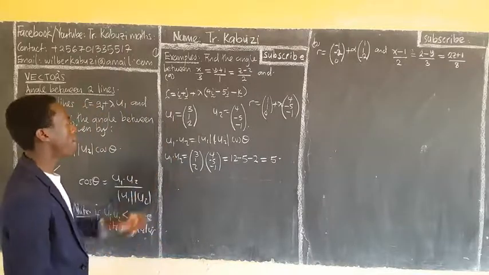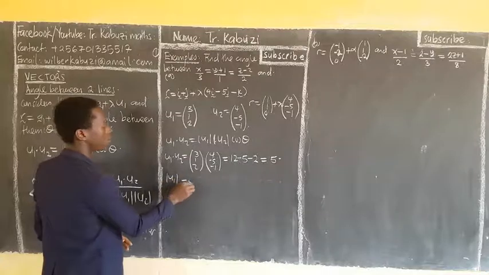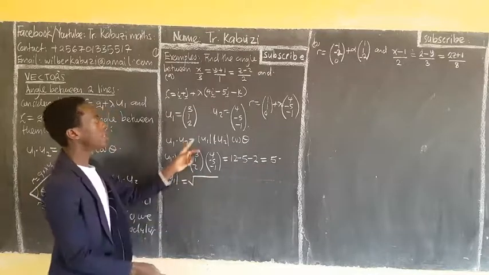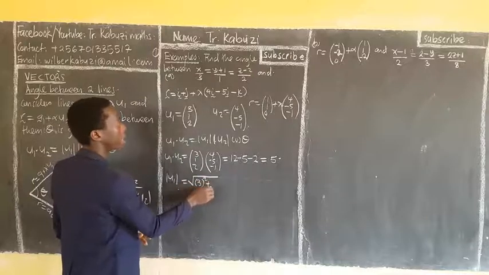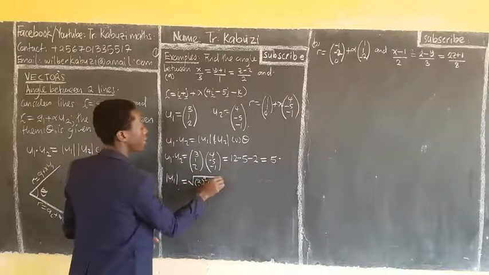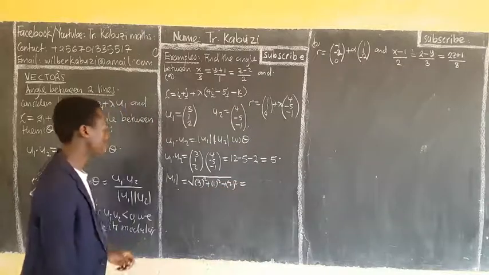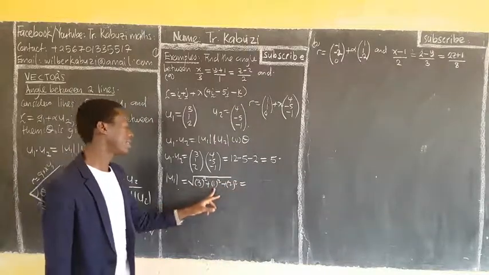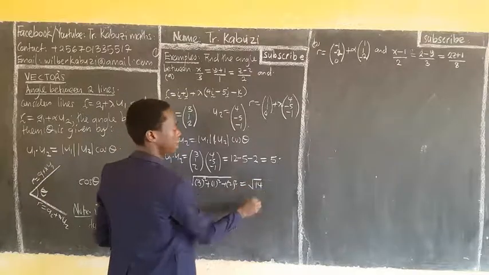Then we come to the modulus of u1, which will be the square root of 3 squared plus 1 squared plus 2 squared, which is 9 plus 1 is 10, plus 4, that will be square root of 14.